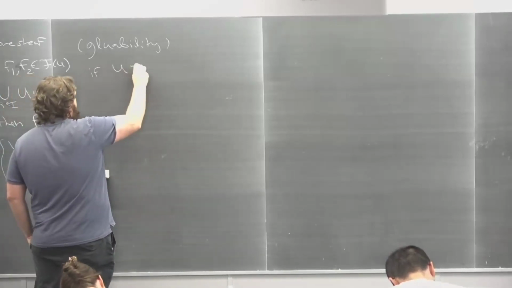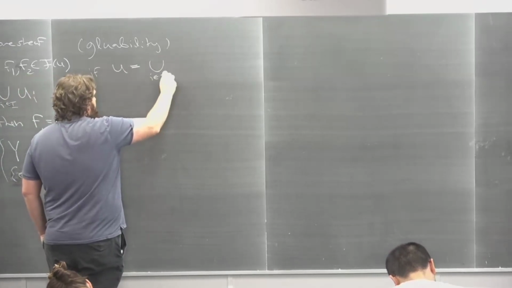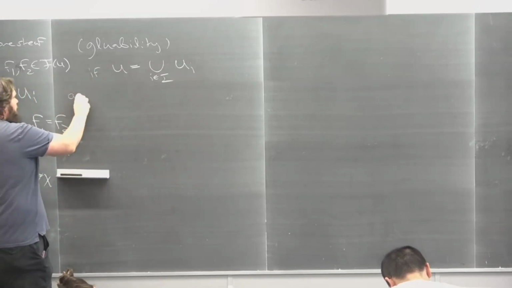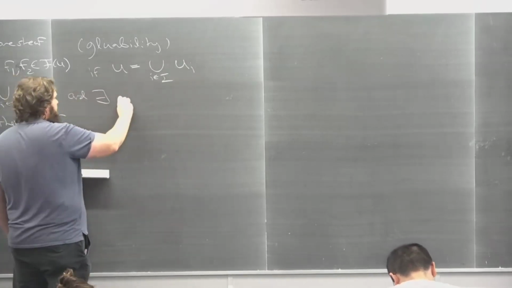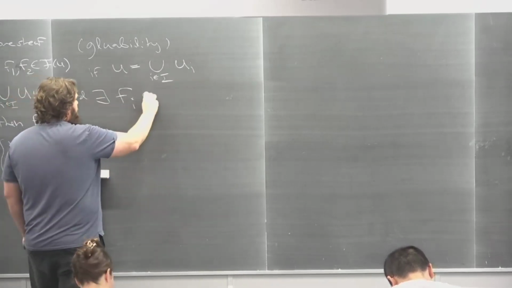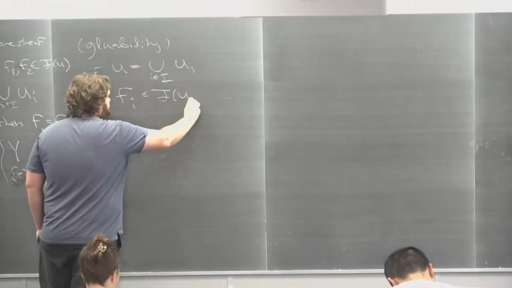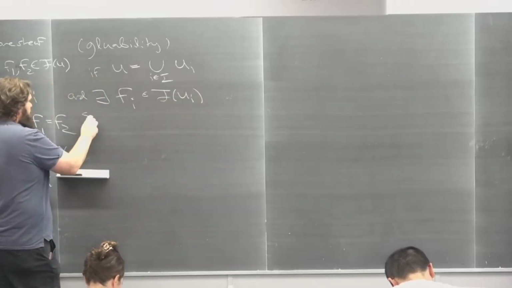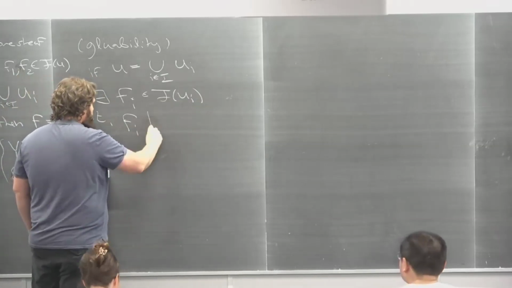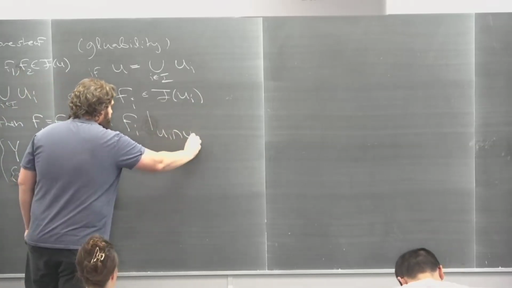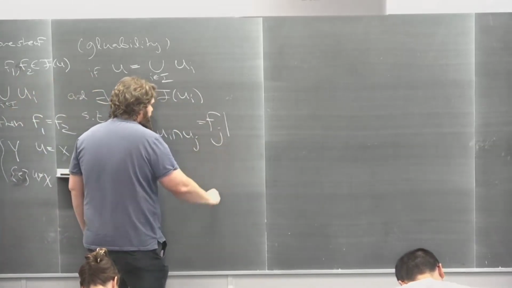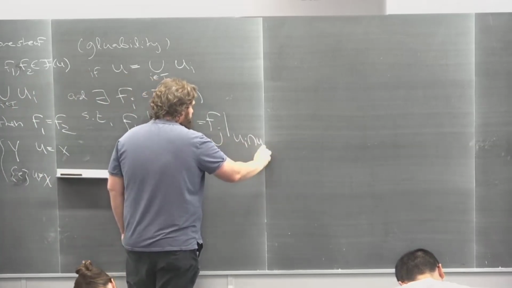So similarly, if I have U and I write it as a union of open sets, and there exists Fi in F of Ui such that when I look at the overlap, so I restrict Fi to one of these intersections, it agrees with Fj on the same intersection.